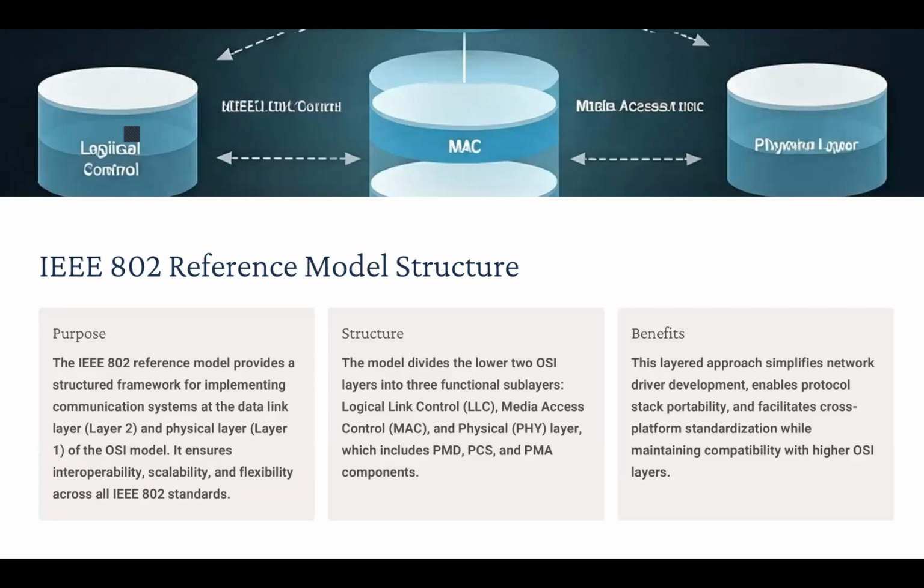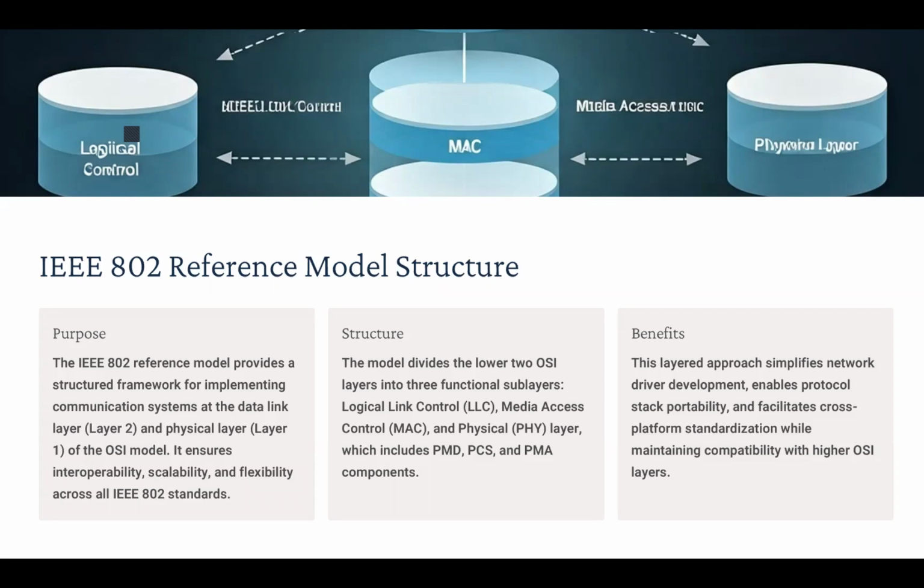Now, that model splits into lower layers and 3 functional sublayers: logical link control, LLC, media access control, which we call MAC, and the physical sublayers.